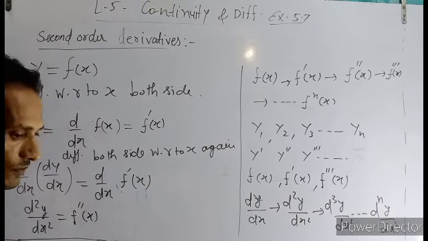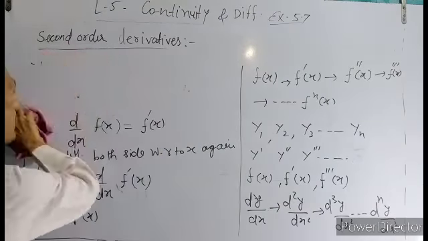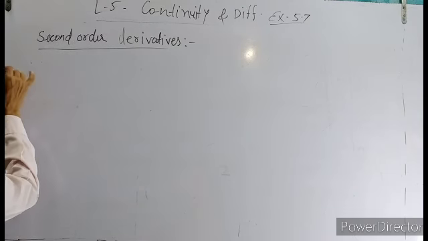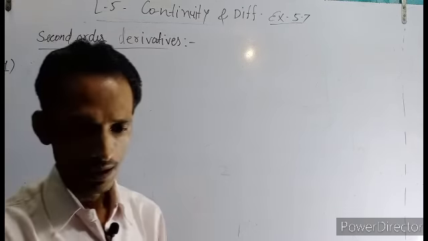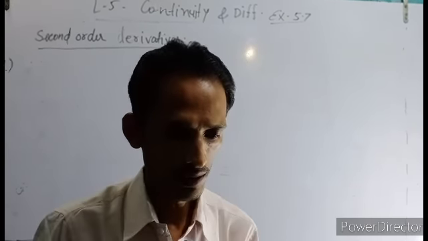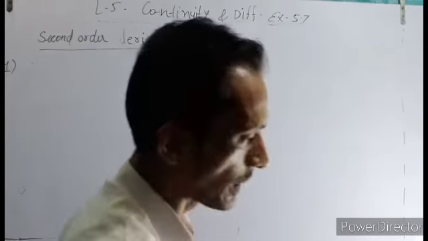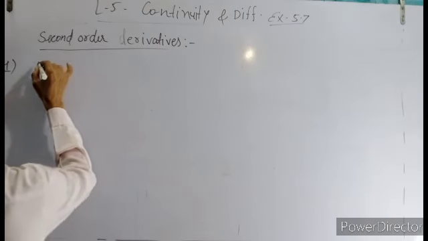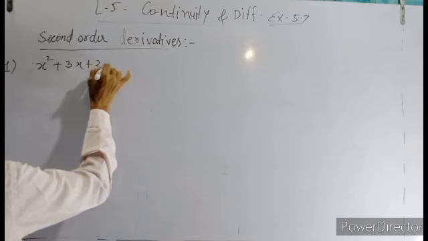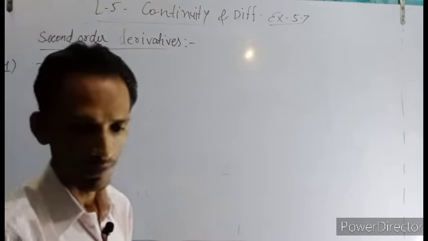So now come one by one. Question number one. Find the second order derivative of the following function: x square plus 3x plus 2. That is the given function.